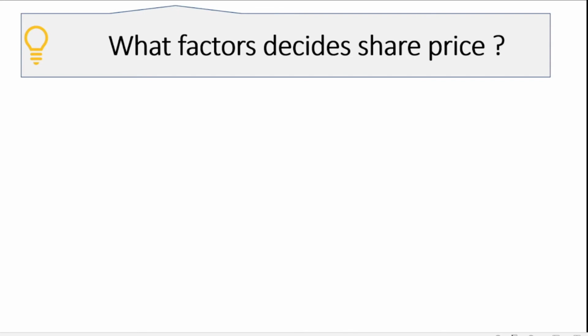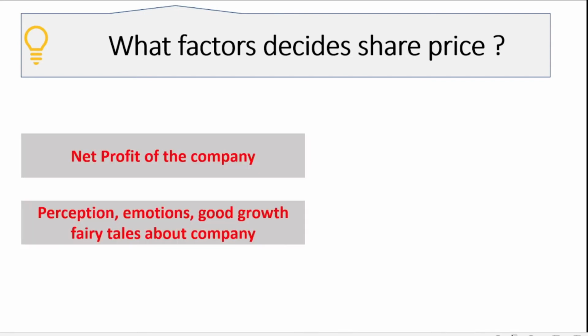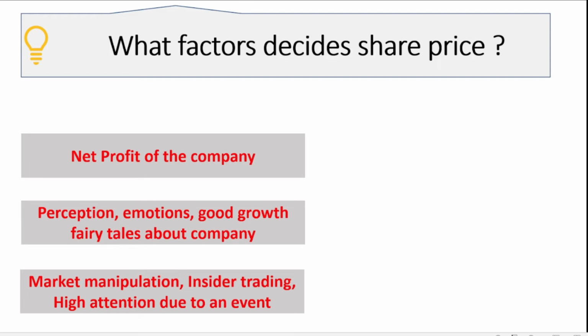So let's see if you have understood the concept of PE ratio and answer this question. What factors decide share price? Is it the net profit of the company, or is it perceptions, emotions, good growth, fairy tales about the company, or is it based on market manipulation, insider trading, higher attention due to any event?